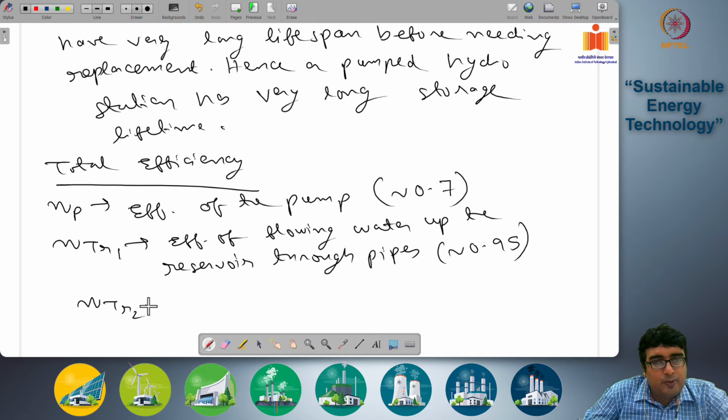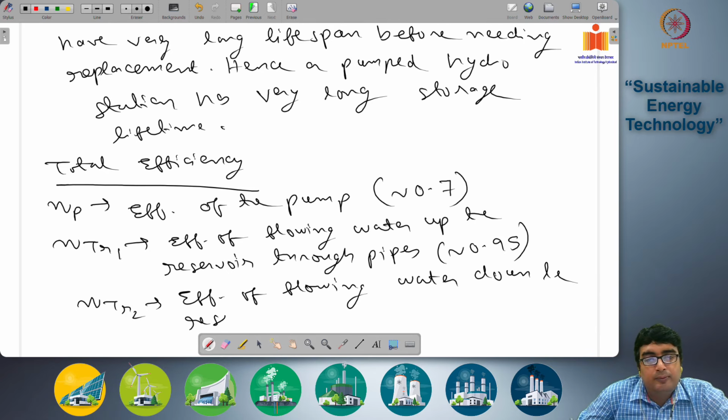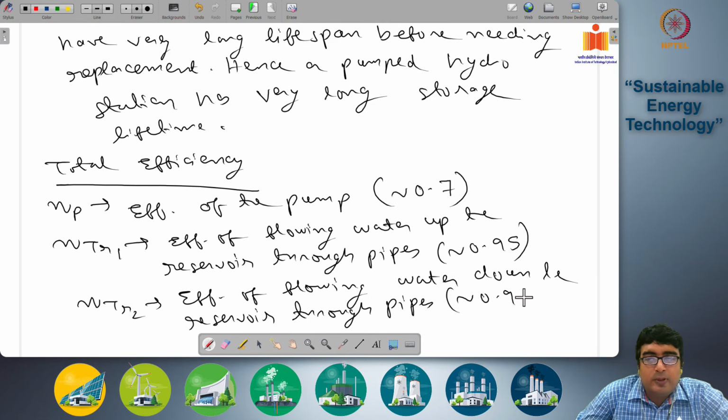Then you have eta TR2, basically transmission 1, transmission 2, the efficiency of flowing water down the reservoir through pipes, of the order of 0.92.